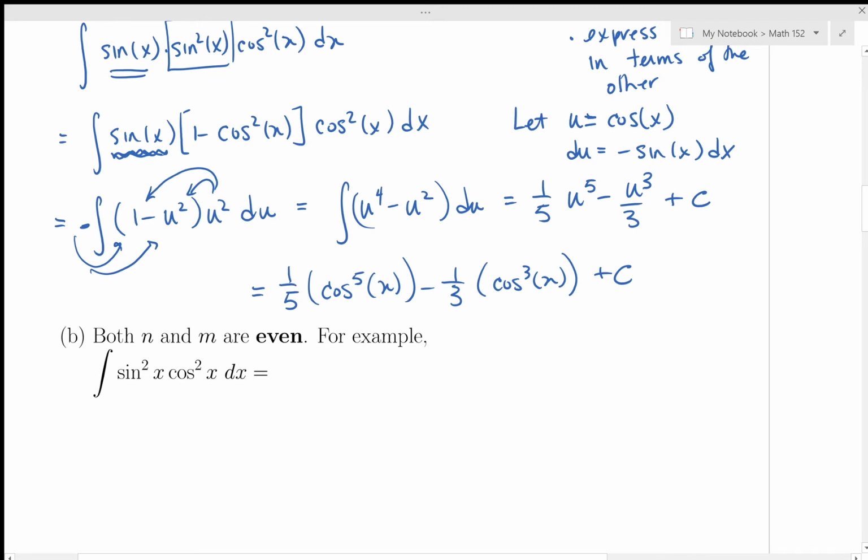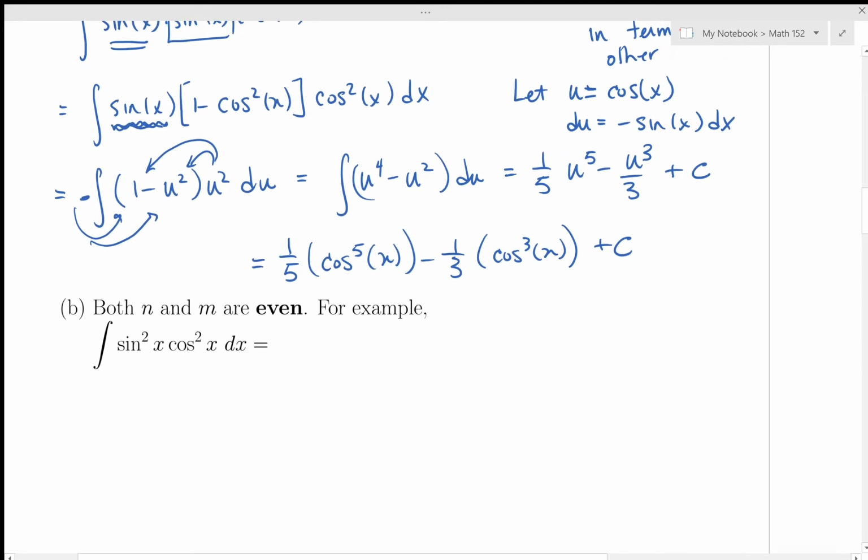Then the idea here is to use the half angle identity on both. Let's try that again. Use the half angle identities on both.